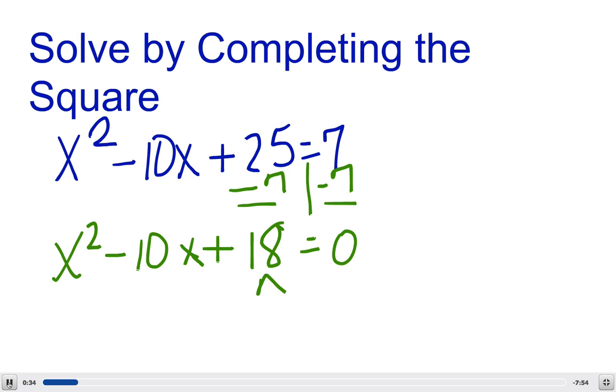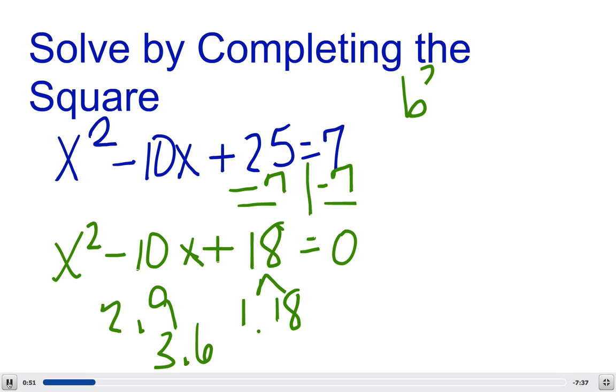Well, my factors of 18 are going to be 1 and 18. That doesn't get me to negative 10. 2 and 9 is not going to get me to 10. 3 and 6, that's not going to get me to the negative 10. So it's not easily factorable.